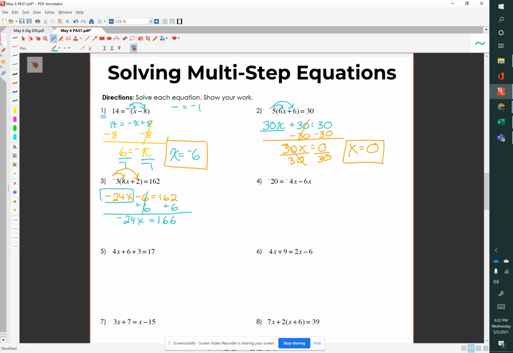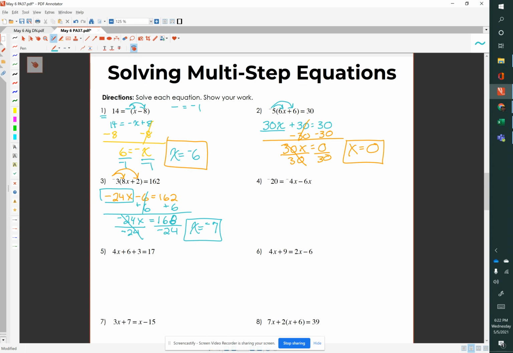So, that should be 168. I'm sorry. I knew I did something wrong. So negative 24x divided by negative 24, 168 divided by negative 24, and that would leave us with x equals negative 7, because that's a positive divided by a negative, which will give us a negative.